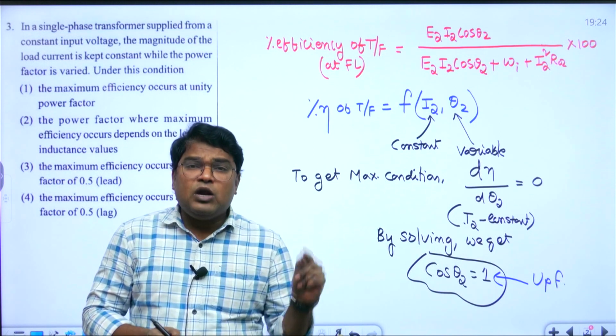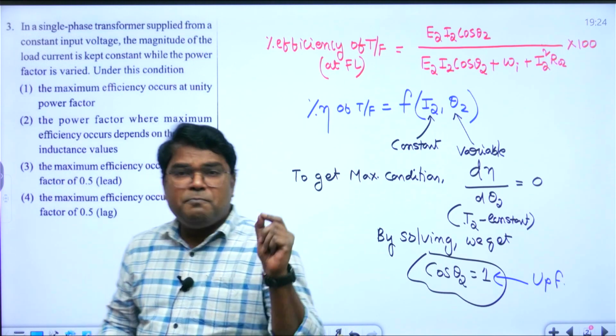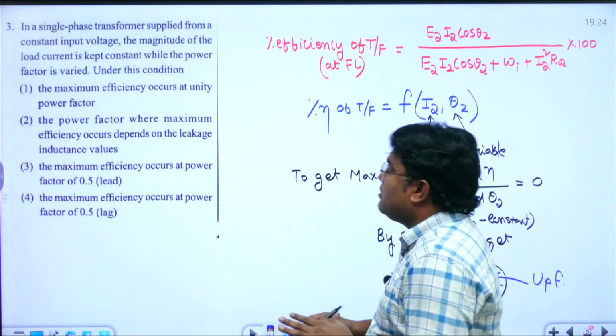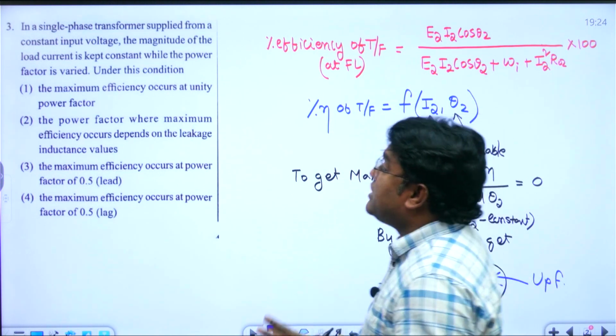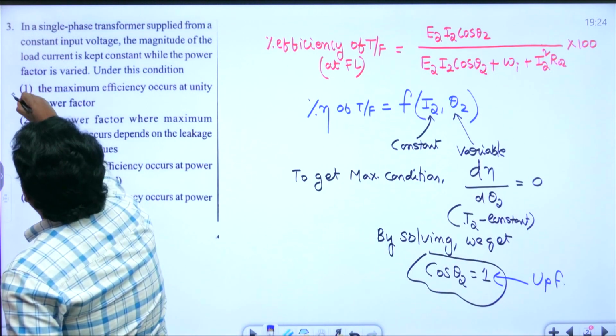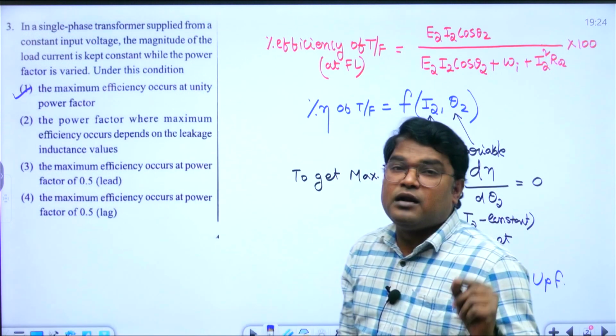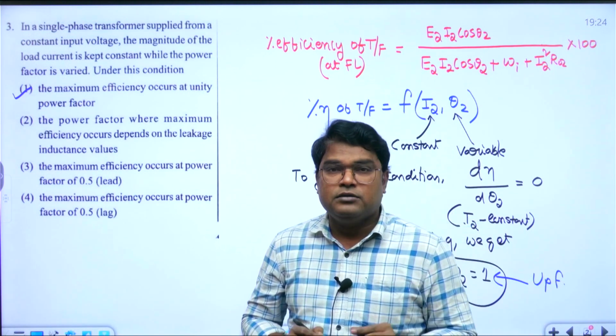By keeping the load current constant and only varying the power factor, the maximum efficiency occurs at unity power factor. So option 1 is correct for this question. Okay, got it?